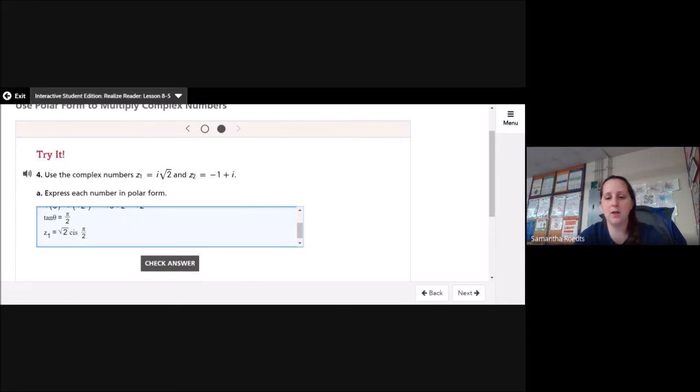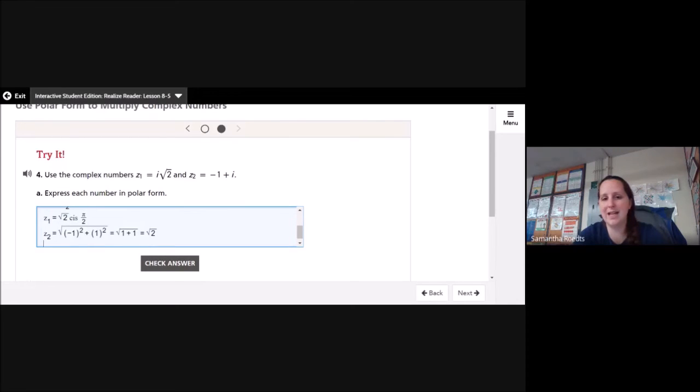And then for z sub 2, we're going to do the same thing. I'm going to take the square root of negative 1 squared plus 1 squared, which equals the square root of 1 plus 1, which equals the square root of 2.